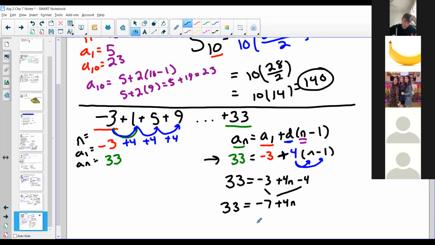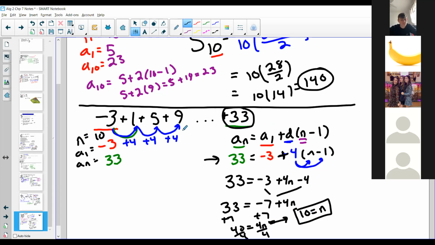Now that I combined the like terms, I could start getting my n by itself. So I'm going to add 7 on both sides. 40 equals 4n. And then I'm going to divide by 4 on both sides. So 10 equals n. So what does that mean? I did all that work to figure out that this number right here is in the 10th position. So that means n equals 10.